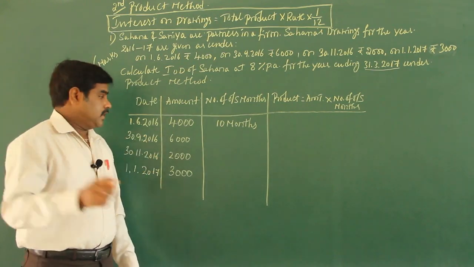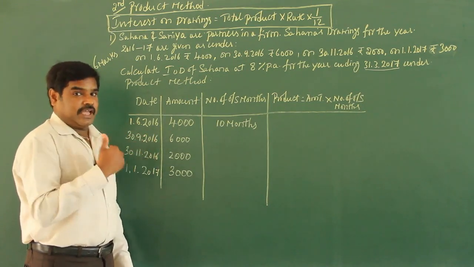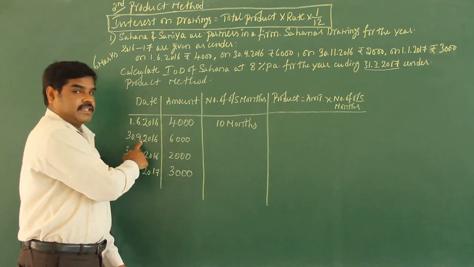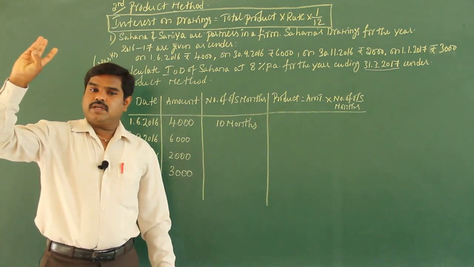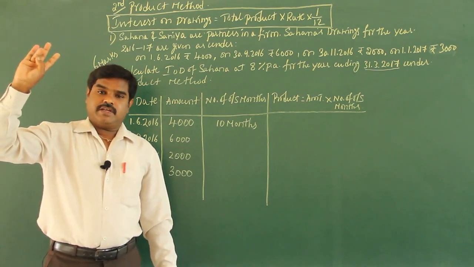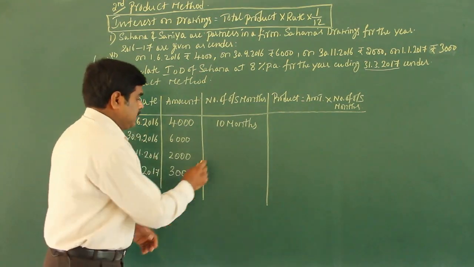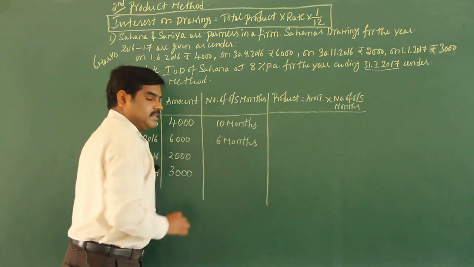That's what I told you yesterday: first day means include that month, last day means exclude that month. So leave September and calculate from October, November, December, January, February, March. The outstanding period will be 6 months.